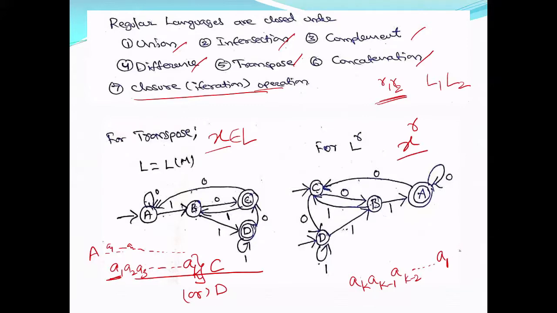That means you should start from AK, and you have to go backwards, and when you reach A1, this should be accepted.